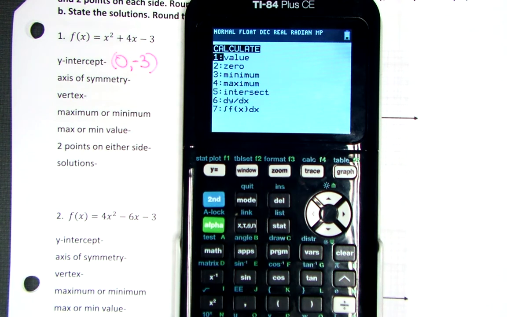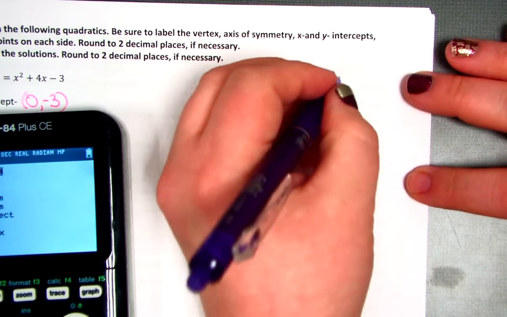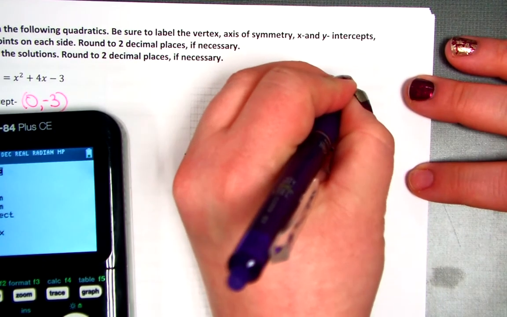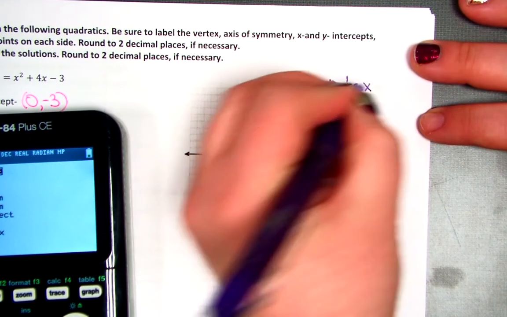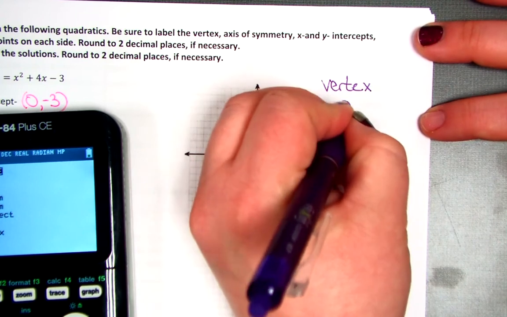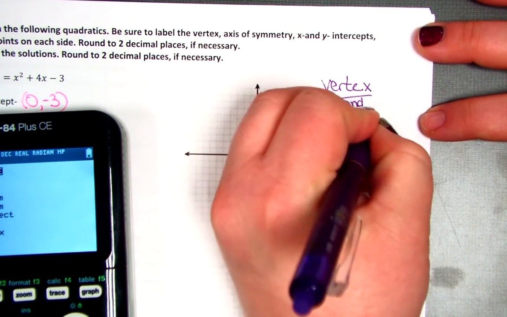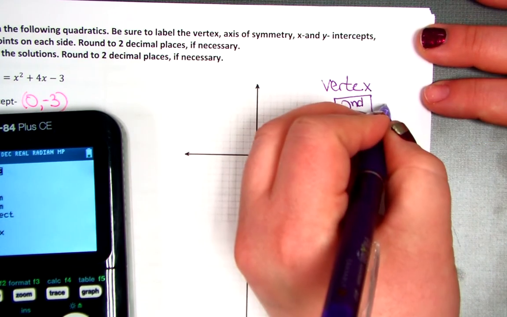So if I were you, I would jot that to the side. The vertex, we would press second and then calc.